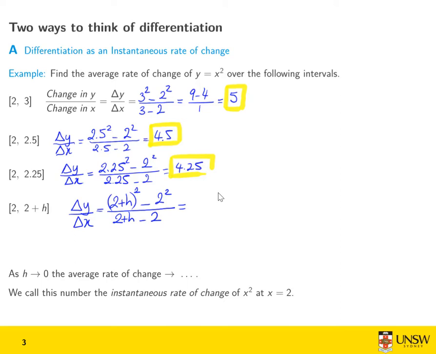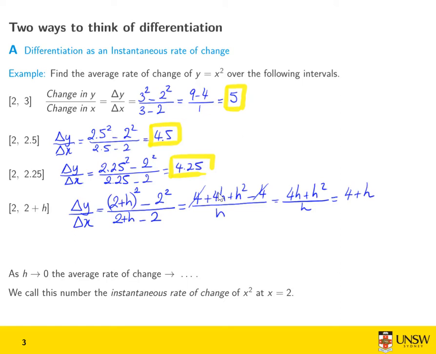Let's expand the top. We get 4 plus 4h plus h squared minus 4, and at the bottom we get h. So the 4s cancel, and we're left with 4h plus h squared over h, and we notice that we can divide the top and the bottom by h, and if we do so we get 4 plus h.